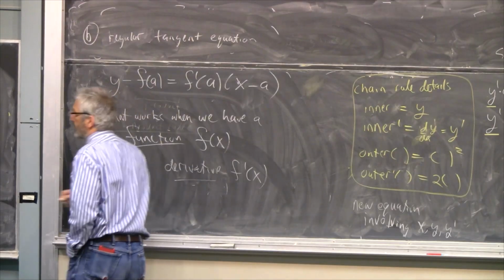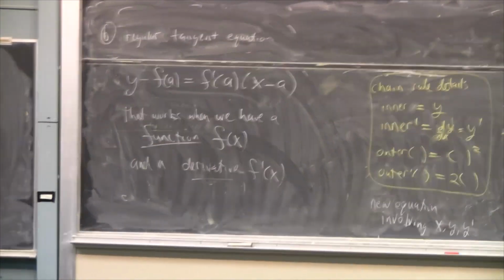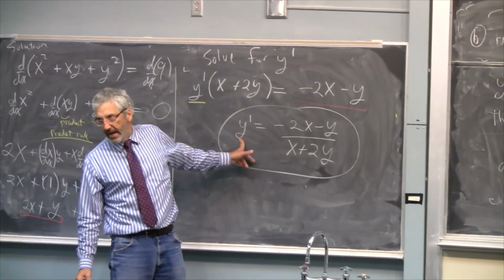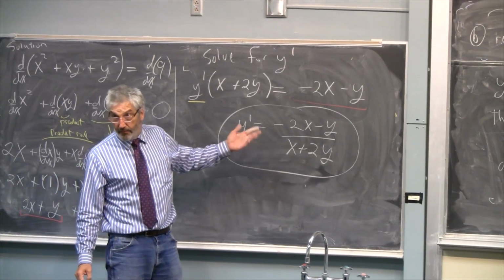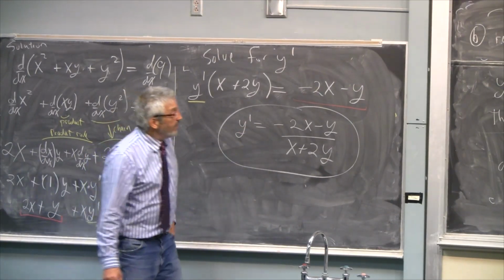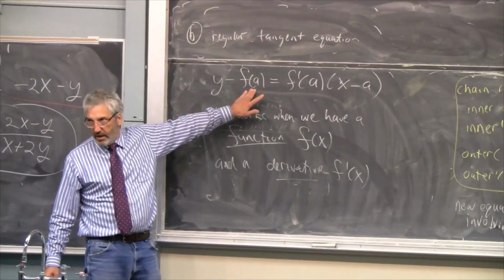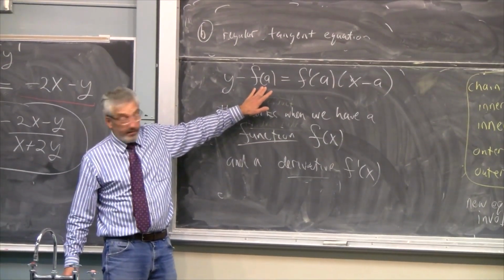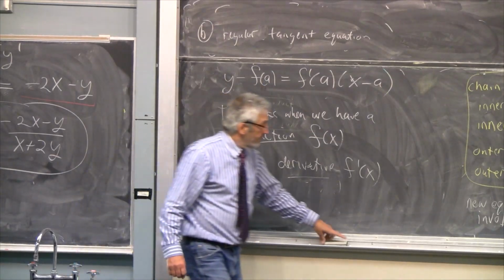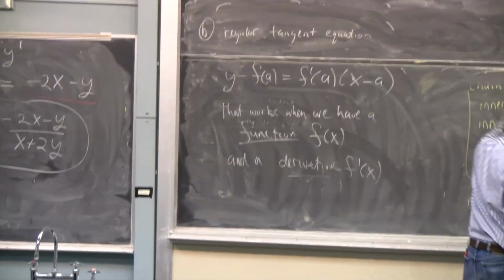But the thing is, look at our derivative. Our y prime, it's not just a function involving x, it's an expression involving x and y. And also, I don't have an f of x that I can use to get my y values. It's kind of hard to figure out the y values.